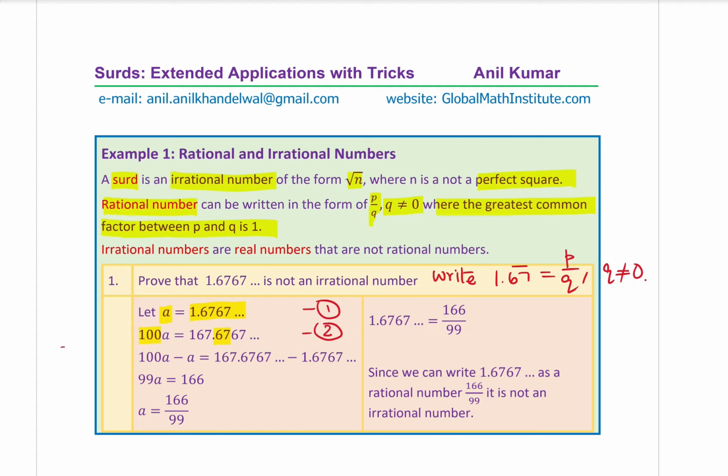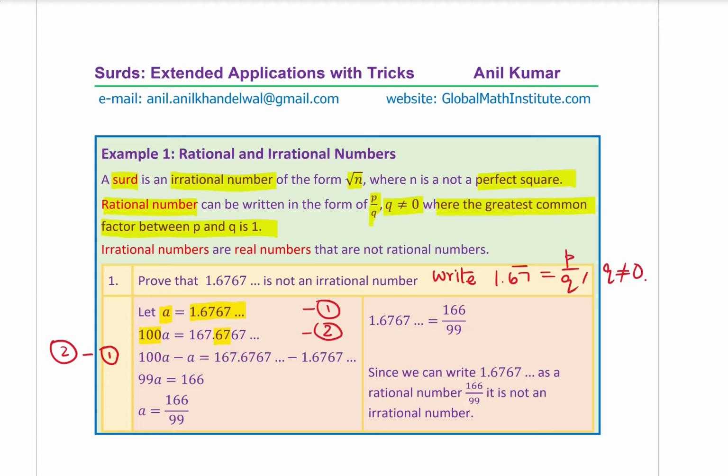So if I do equation 2 minus equation 1, in that case, 100a minus a will be 99a. And on the right hand side, all the digits after the decimal will cancel away. So we get 167 minus 1, right? So we get 166. And so we get the answer of A as 166 over 99.